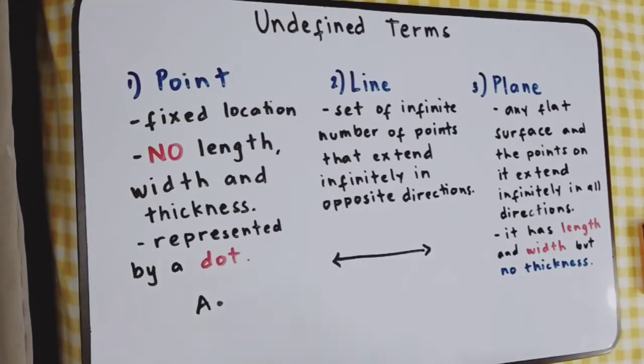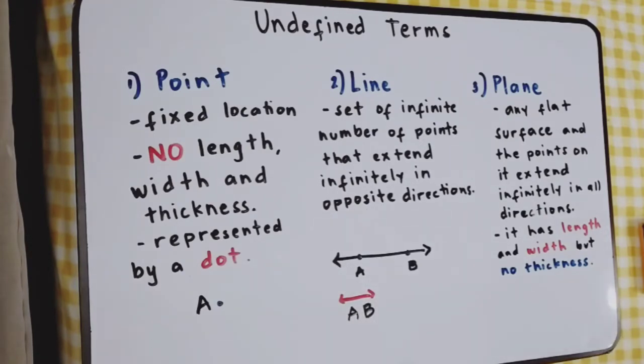And in naming lines, okay, usually, we name lines using 2 points. Okay, so let's say that is line A. So we're going to use the symbol for lines. Okay, then let's say this is line AB. So we have here line AB.